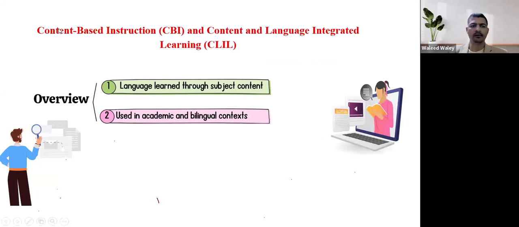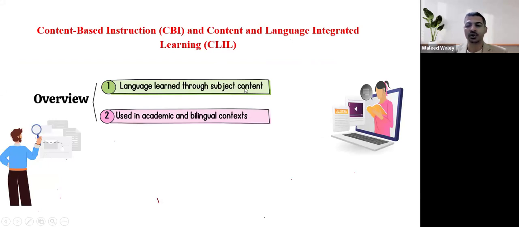Okay, and now we have content-based instruction. And when we say instruction, it means learning, okay? So content-based instruction, the acronym is CBI, and content and language integrated learning, which is CLIL. Here is an overview: language learned through subject content.